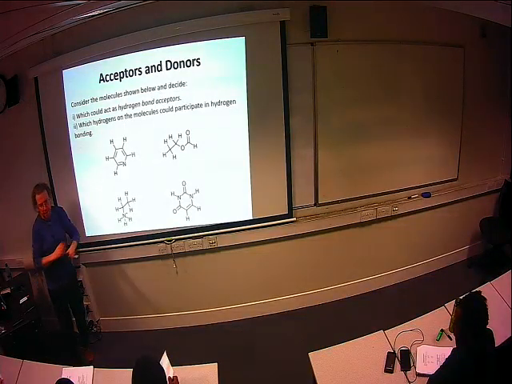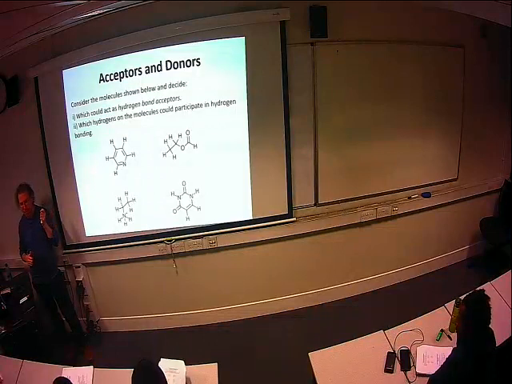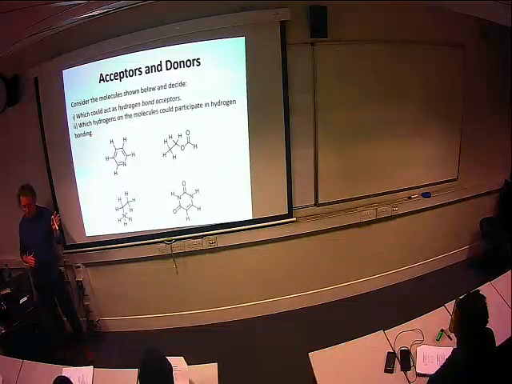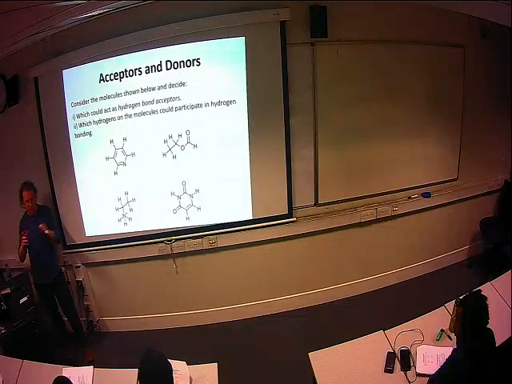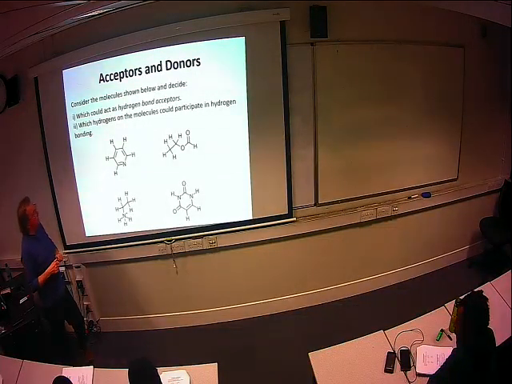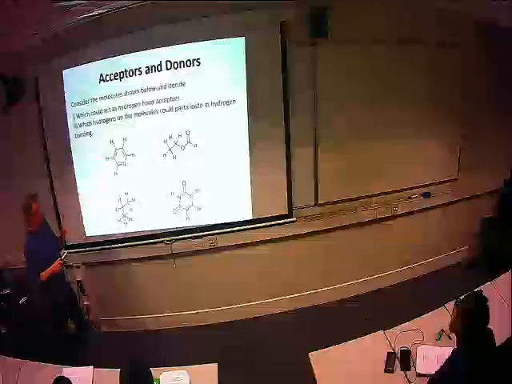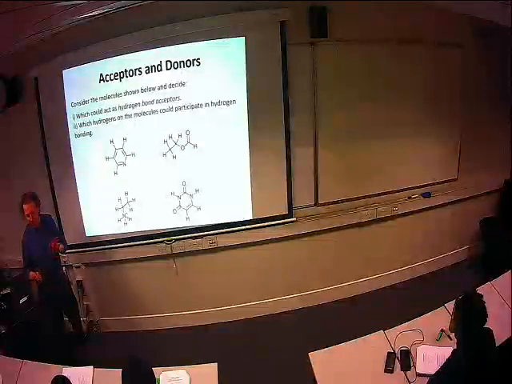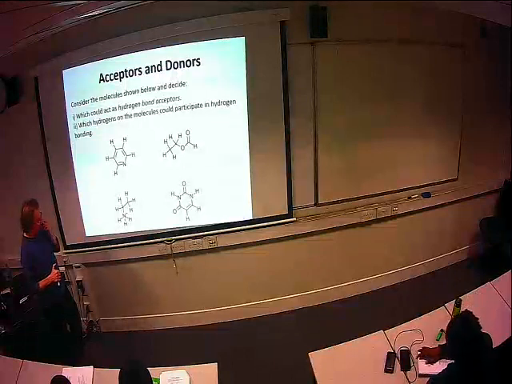So they need to have an atom which has lone pairs of electrons on it. So that's pairs of electrons which are not involved in bonding, but they're exposed at the surface of the atom. So think about that first. I'll give you just a minute or two to have a think about that for each of those 4 molecules.